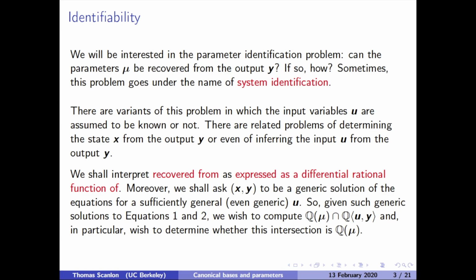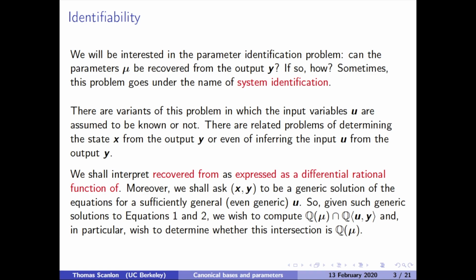And there are variants of this, whether you want to allow the input variable or not as part of your data in the output construction. The actual constructions we'll end up doing, we won't have any input variable, so this distinction isn't going to matter. But you might ask, can you compute mu in the differential rational function field generated by y, or maybe you want to allow the input also as something you're allowed in computing.